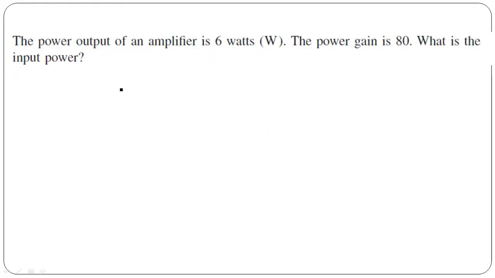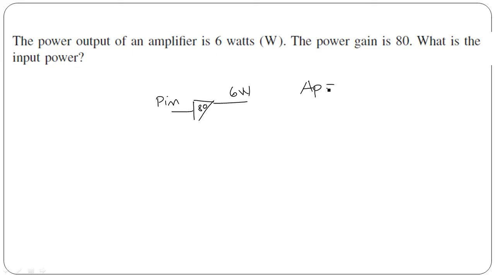So, the power output of an amplifier. So, drawing tayo dito ng amplifier symbol. Power output of an amplifier is 6 watts. So, mayroon daw 6 watts na power output. And yung power gain niya daw is 80. Okay? So, tinatanong is what is the input power, Pin? So, gamitin natin yung formula.